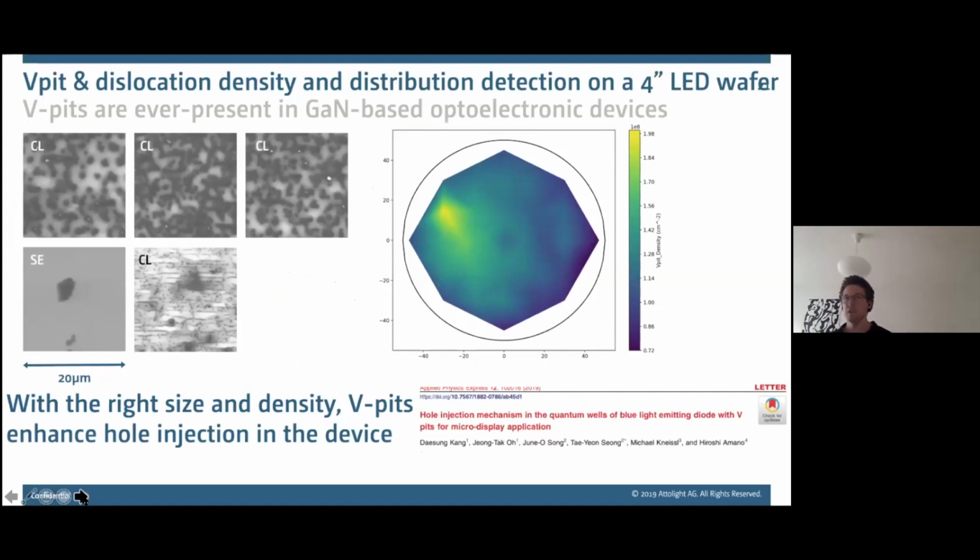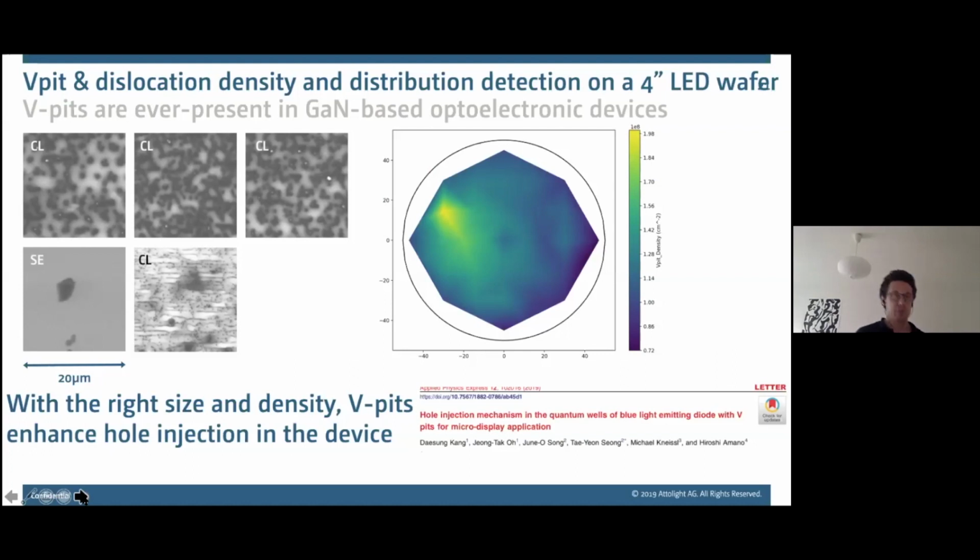Now on to more large-scale production. This is an example that is quite close to industry. Probably not everybody in this room is familiar with V-shaped pits in gallium nitride, indium gallium nitride devices.